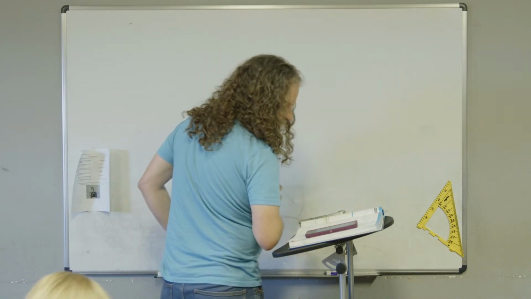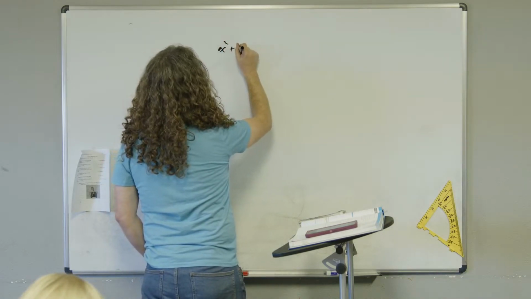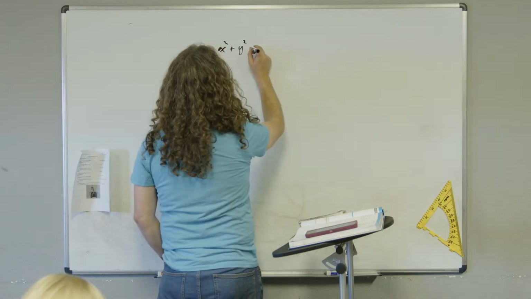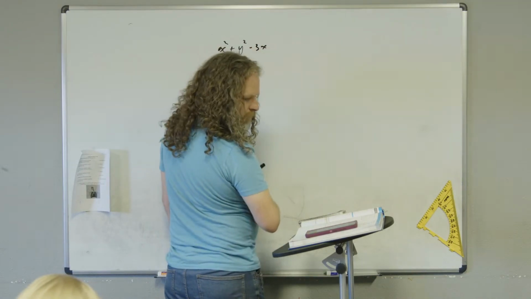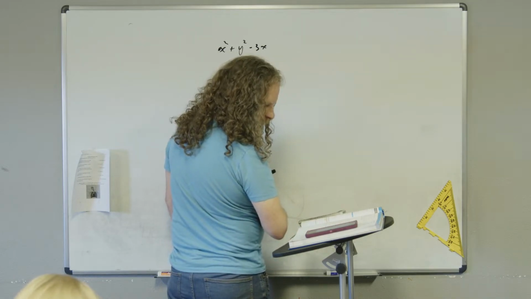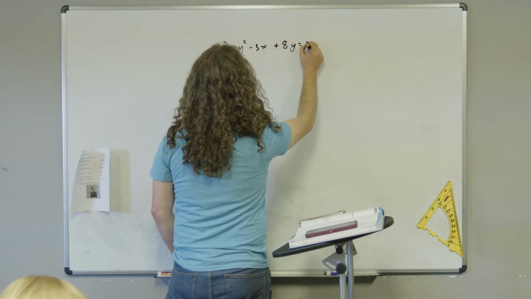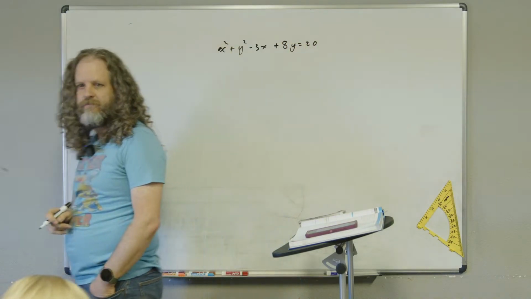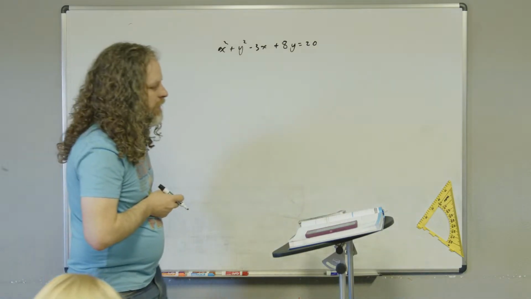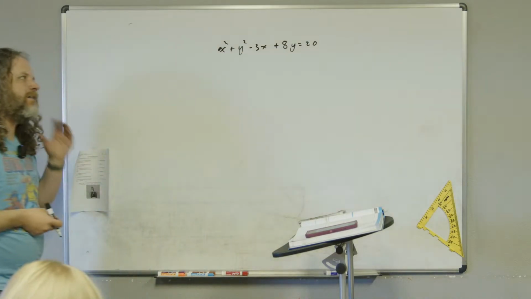Okay. 42 is x squared plus y squared minus 3x plus 8y equals 20. And we are expected to find the center and radius and then graph the thing.